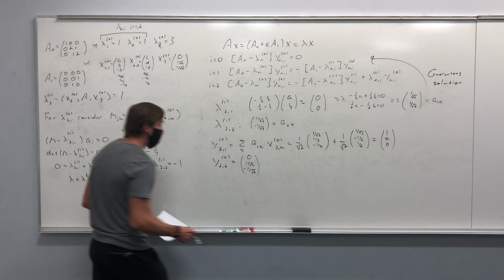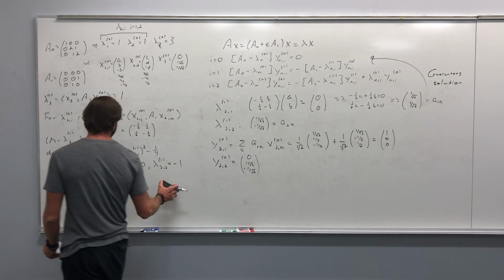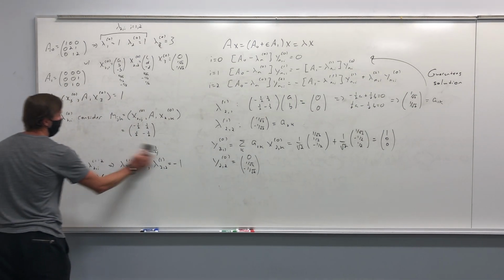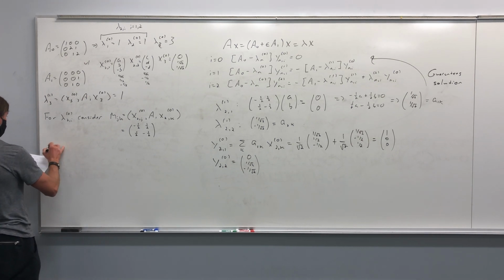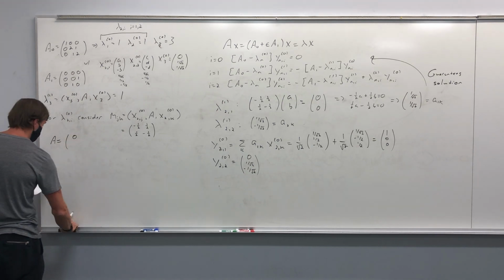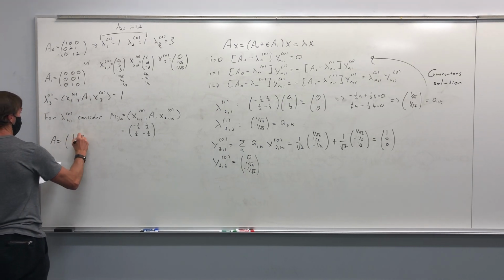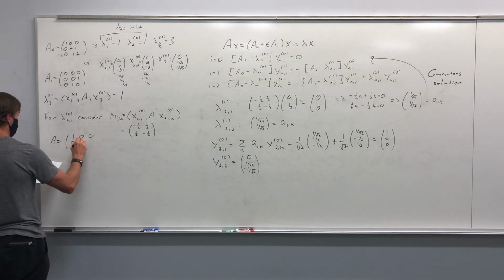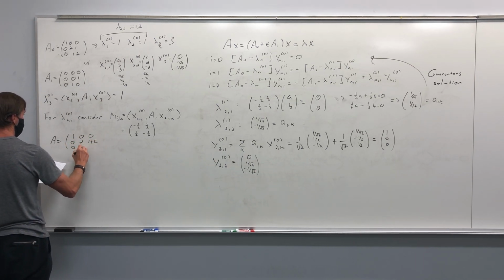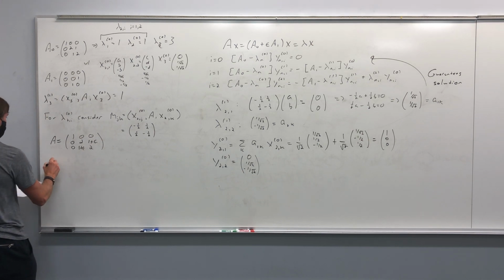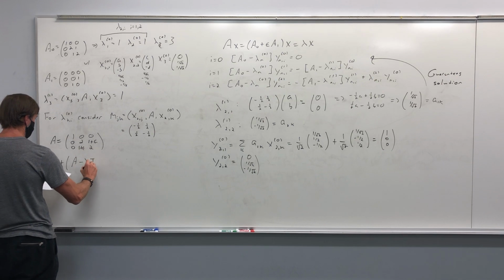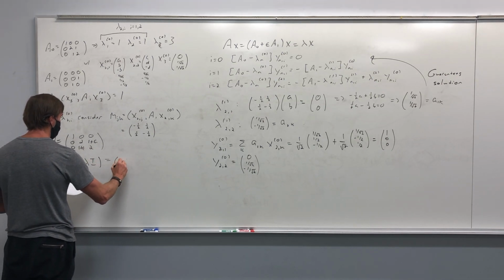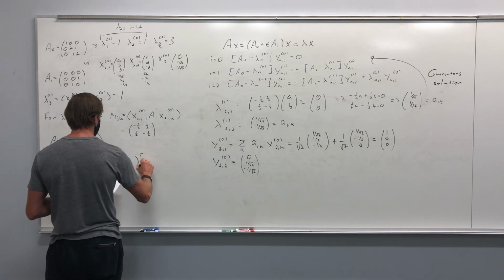So at the end of the day, I can check whether my work made sense by actually evaluating, for A equals the matrix 1, 0, 0, 0, 2, 1 plus epsilon, 1 plus epsilon, 2. I can evaluate the eigenvalues of this. It turns out that this is actually quite straightforward.